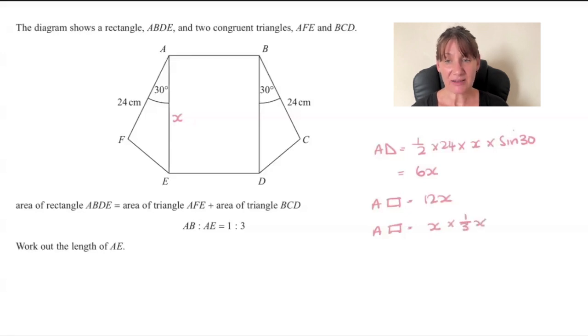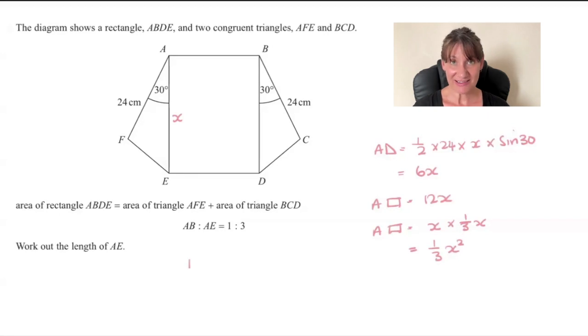So that length will be a third. So my base times width, however you think of it, is going to be x times a third x, which is going to give you a third x squared.